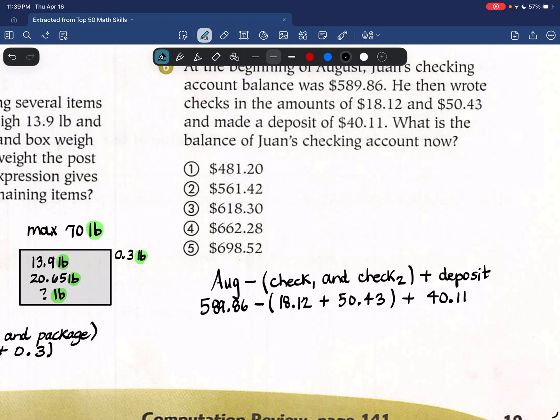The first thing I'm going to do is my parentheses, because that's what order of operations tells me. So I will say, actually let me do it up here because I don't want to mess up my problem. So $18.12 and $50.43, those are being combined because they're both checks. So $68.55.